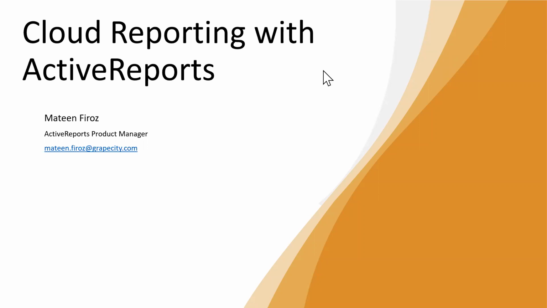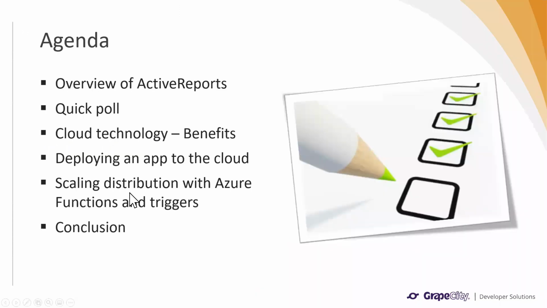We're going to go ahead and get started here. What we're going to do today is just go over an overview of ActiveReports. We're going to do a couple of quick polls just to get a feel for the audience.